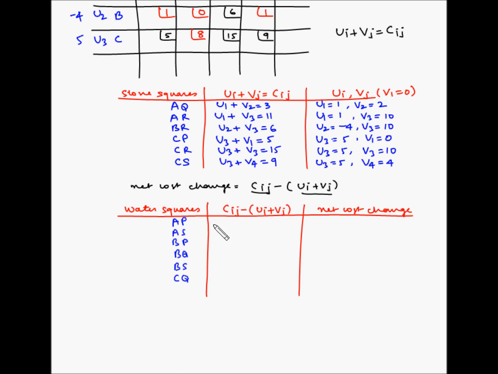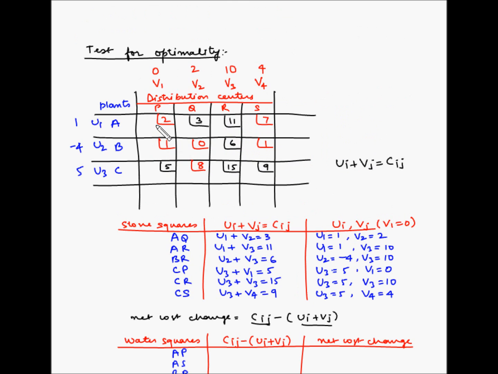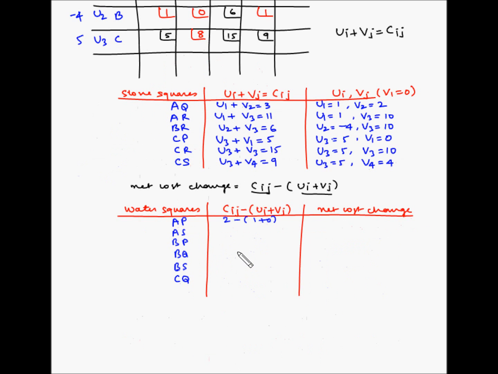So for AP the value of Cij is 2, Ui is 1 and Vj is 0. So this becomes 2 minus 1 plus 0. Similarly for AS it is 7 minus 1 plus 4.